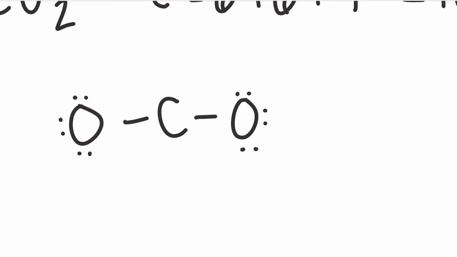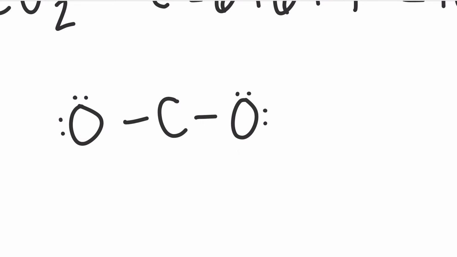So in order to change that, we want to make these single bonds become double bonds. And we will do that by, I'm going to erase 2 electrons from both sides.